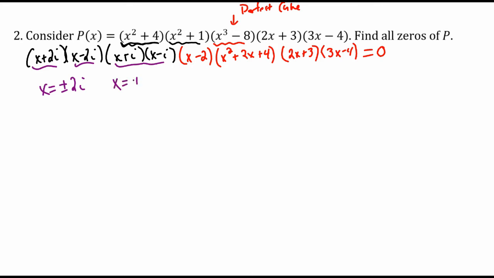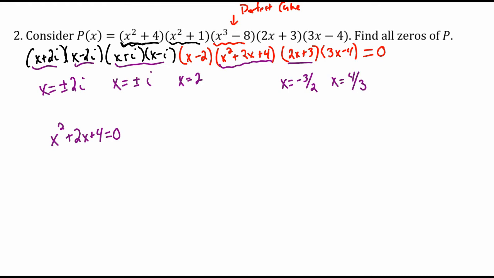X equals plus or minus i. X equals positive 2. I'm going to come back to this quadratic factor because we're going to have some work to do here. That gives me x equals negative 3 halves, x equals 4 thirds.